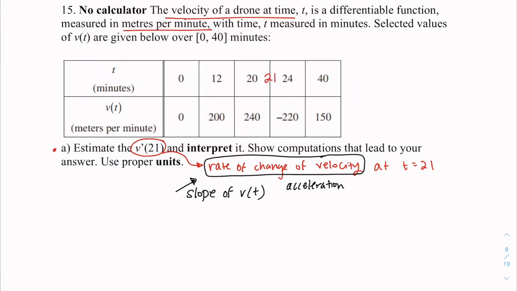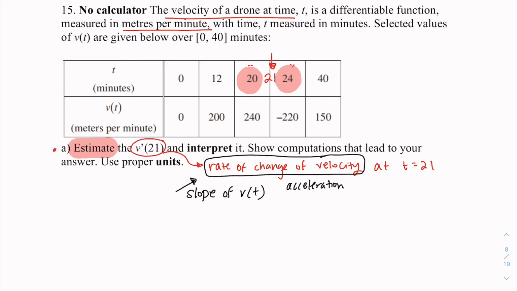So if I need the slope at 21 and I have values surrounding 21, what math might we do with these two values to get a slope? Keep in mind the key word here is to estimate the slope at 21. So if you said find the slope using 20 and 24, you're correct.